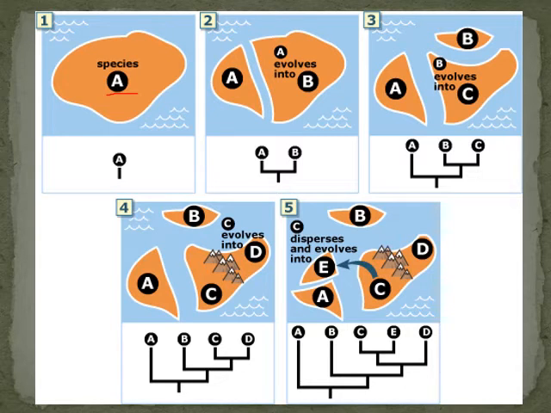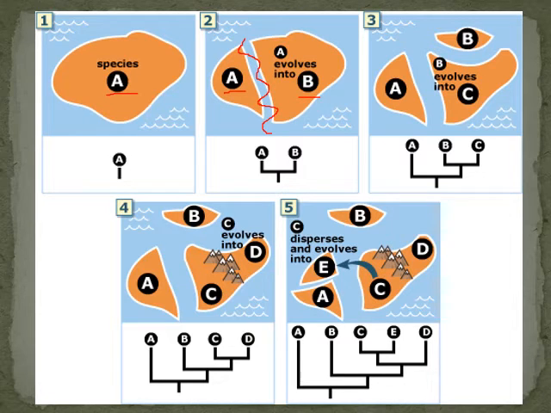But let's say, for example, something happens, and this is a small island, but it could even be as big as a continent. You get a piece of land separating from the other piece, and you now have some kind of geographical barrier that's in between the two pieces of land, and you end up having species A, the parent species, on one island, and you get over time species B evolving.